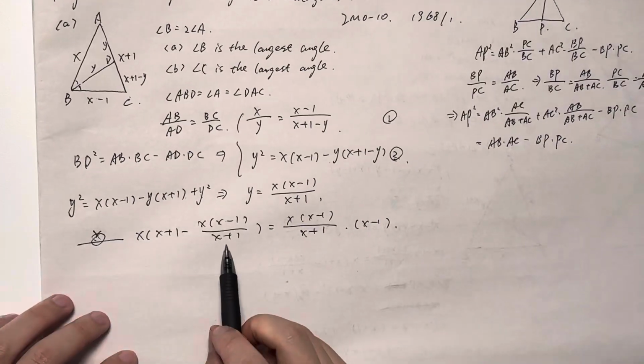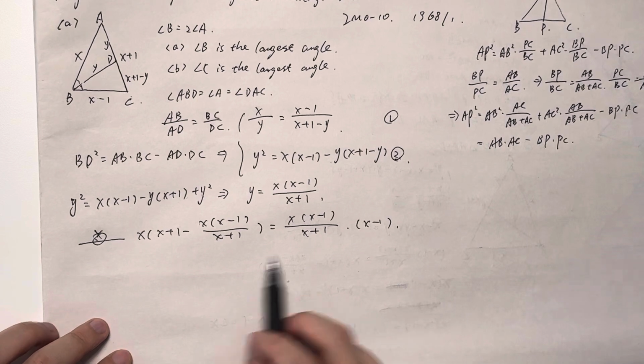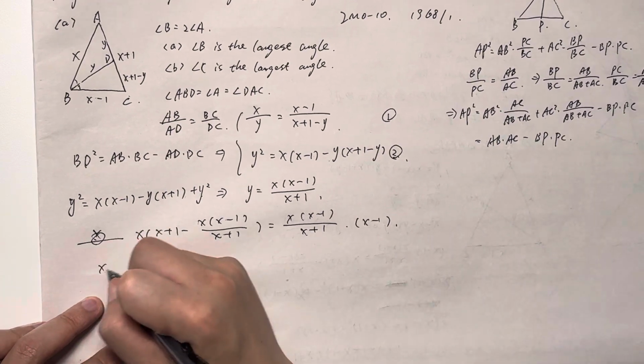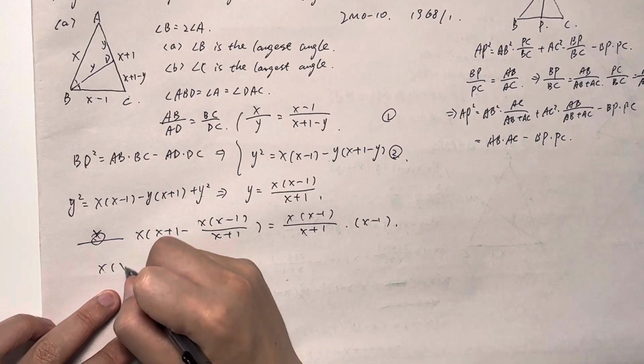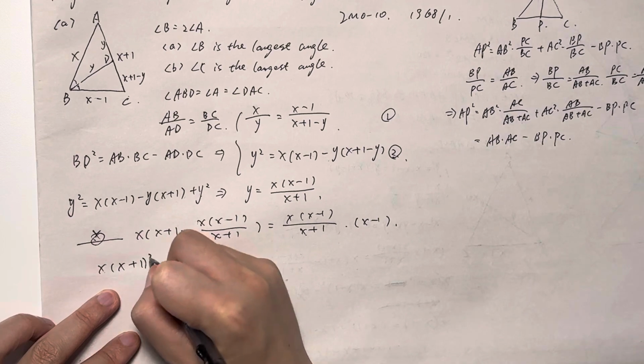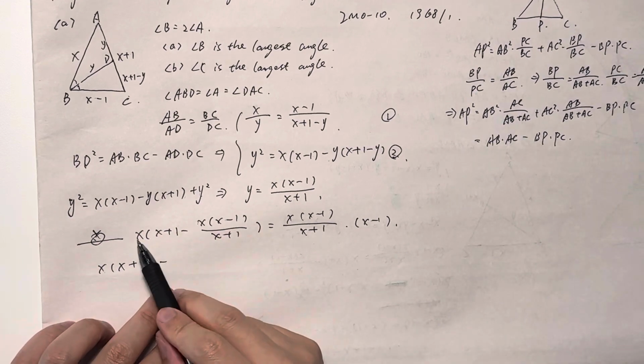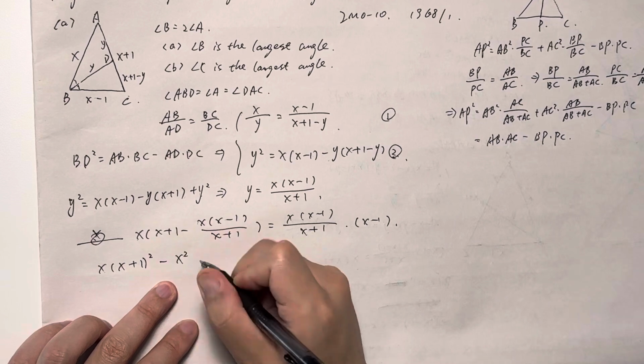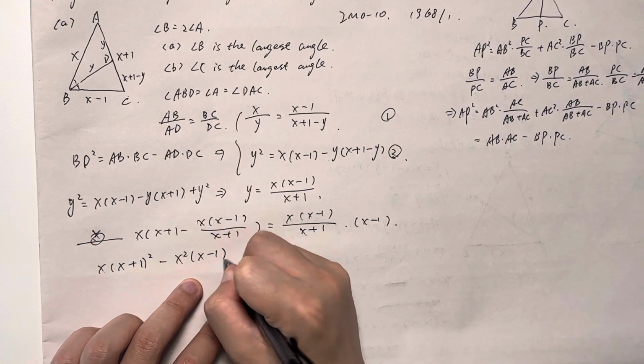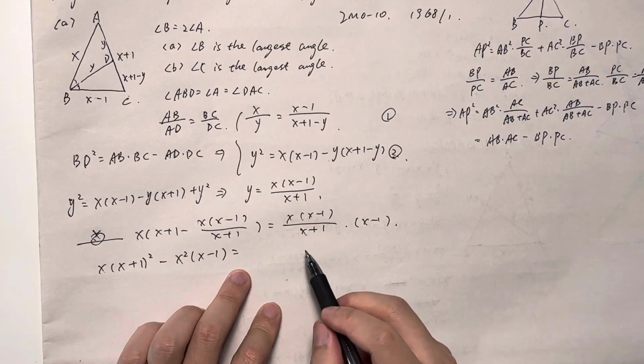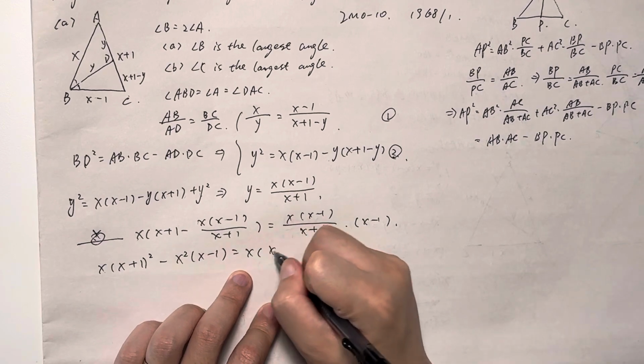We can multiply x plus 1 on both sides of the equation. So for the first equation, for the left side, we got x times (x plus 1) squared minus x squared times (x minus 1) equals 2x times (x minus 1) squared.